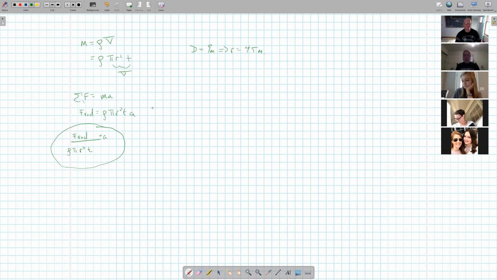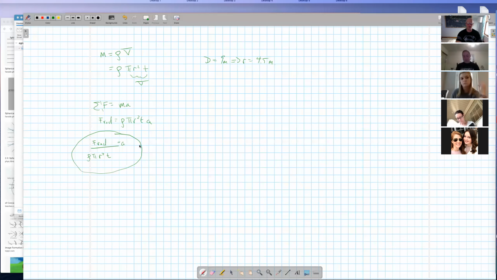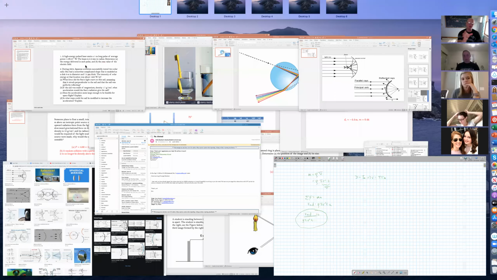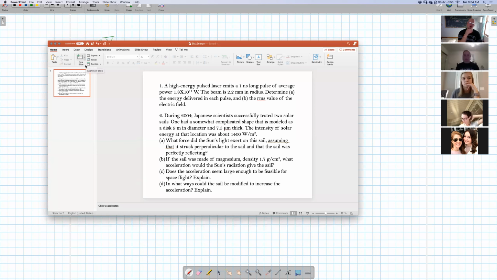So you can't use it for large travel, but you could use it for small, fine adjustments. For example, if you were using the solar sail to work on the Hubble Space Telescope, you could use it to make fine adjustments as you're moving that thing around, but you couldn't do large space travel with that.